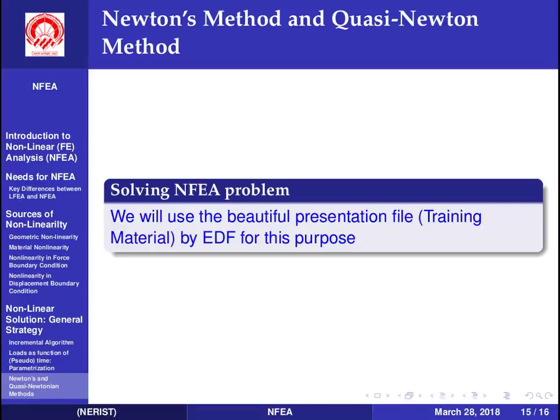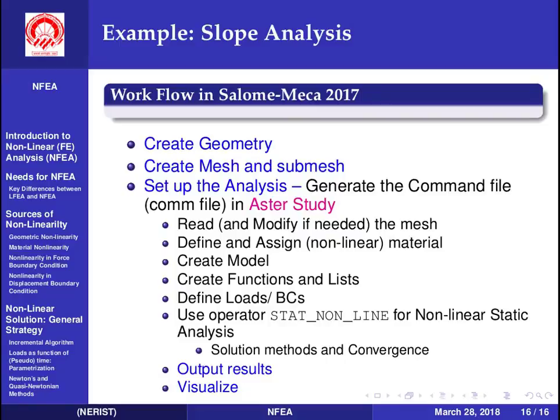So those things also will be discussed before we actually do the analysis in Salome-Meca. This is the general workflow in Salome-Meca 2017. All these steps will be discussed one by one and will be demonstrated, showing how we can implement these steps by an actual solution in Salome-Meca.